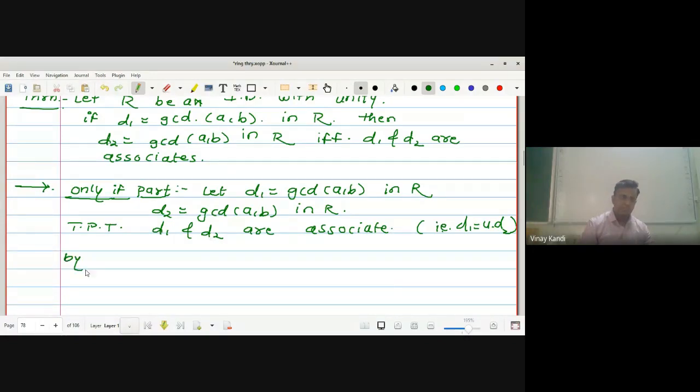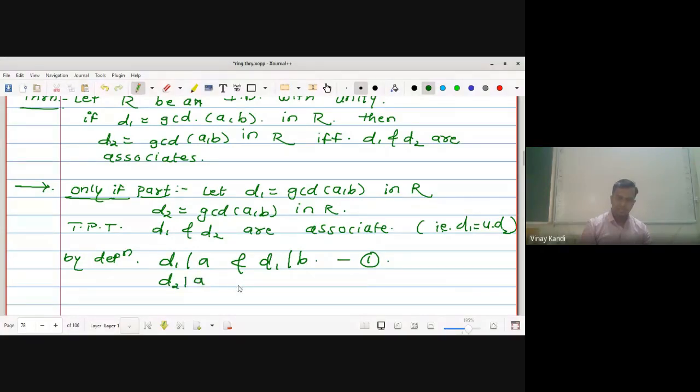By definition of GCD, D1 is the GCD of A and B. What does it imply? D1 divides A and D1 divides B. Give it equation number 1. Now again, D2 is the GCD of A and B. What does it imply?